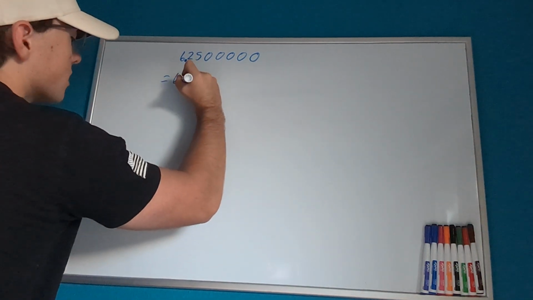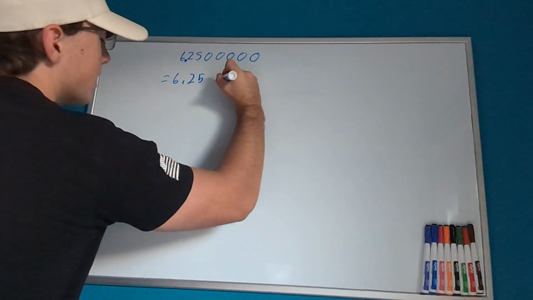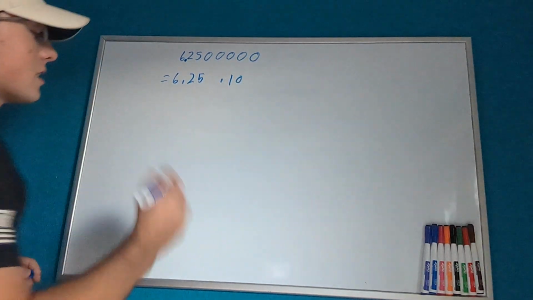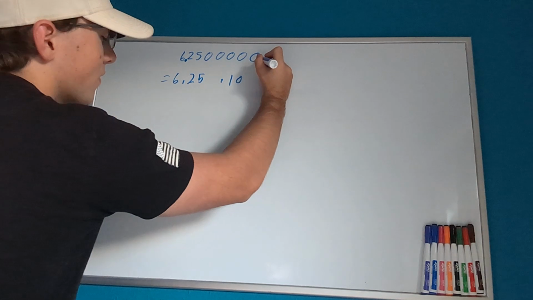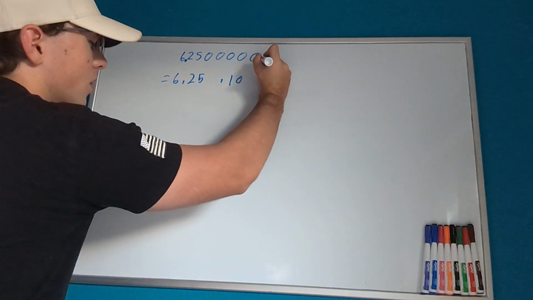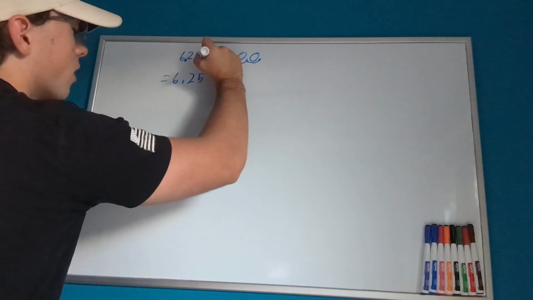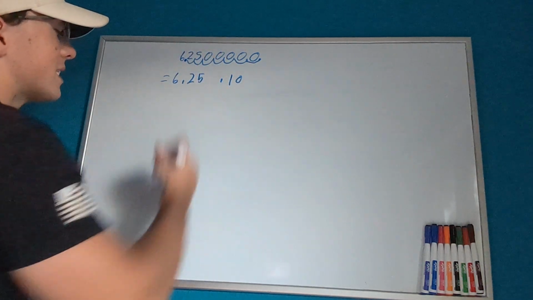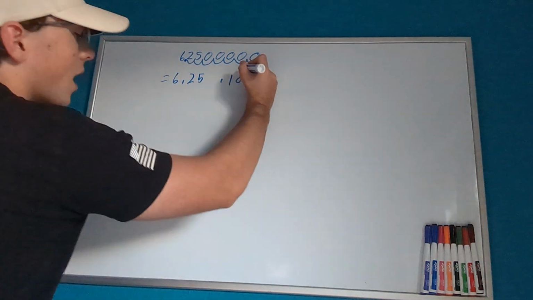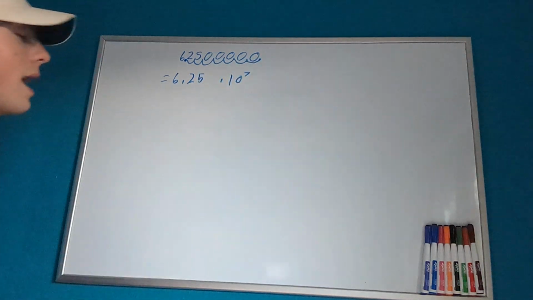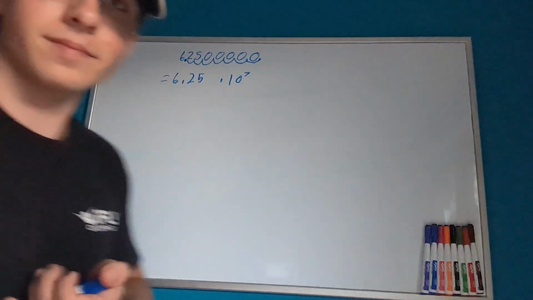So this equals 6.25 times 10 to some power. Now once again, let's figure out how many times we moved over that decimal. Started here, we went 1, 2, 3, 4, 5, 6, 7. We moved the decimal over 7 times to the left, so it's the power of 7, okay?